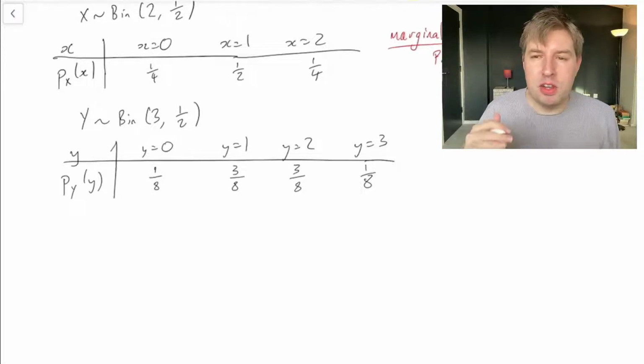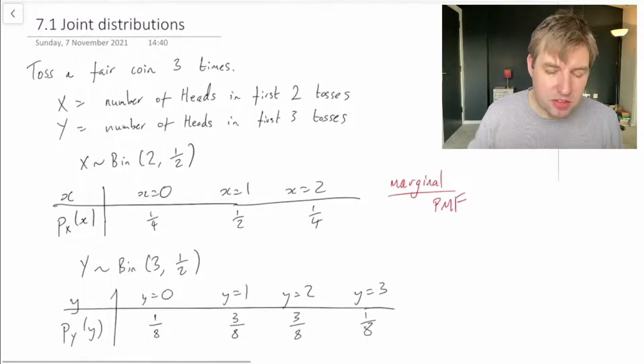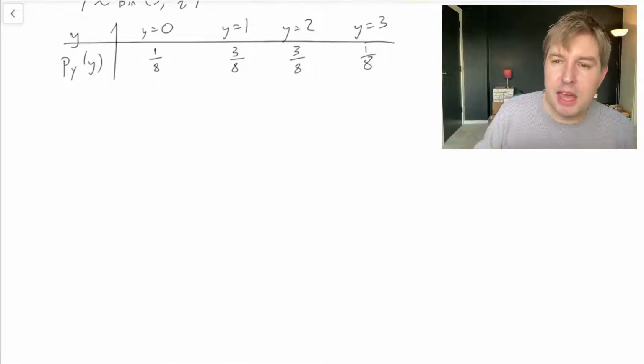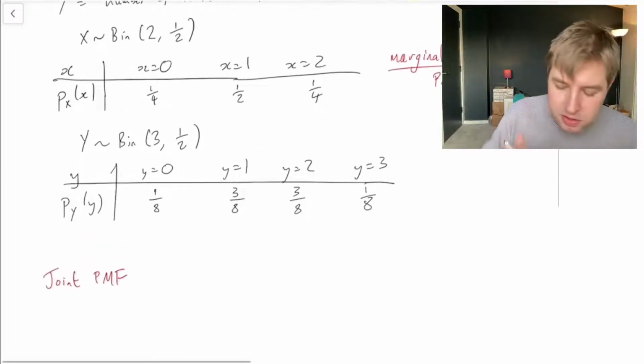Now, it's all very well to look at them individually, but X and Y are based on the same set of coin tosses, so we might be interested to see how they behave together. If we want to know how they behave together, we use something called the joint probability mass function.